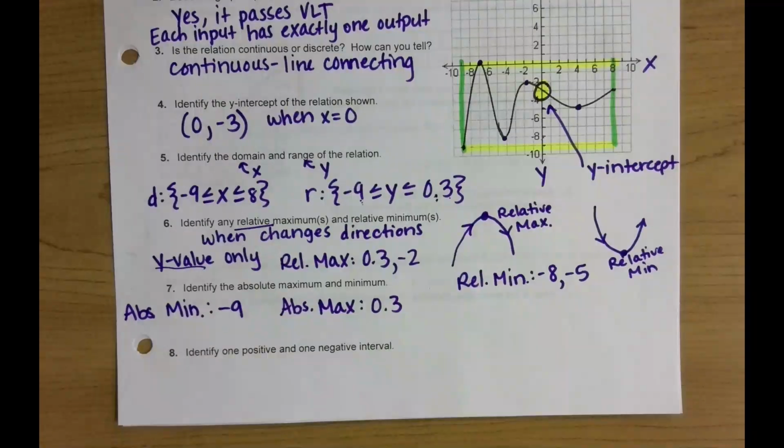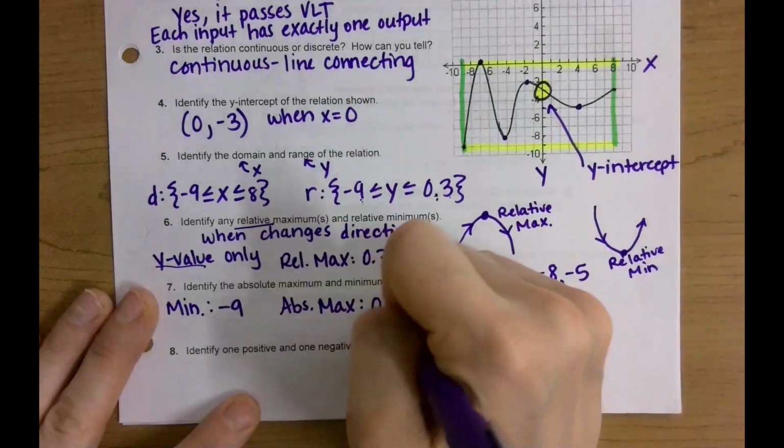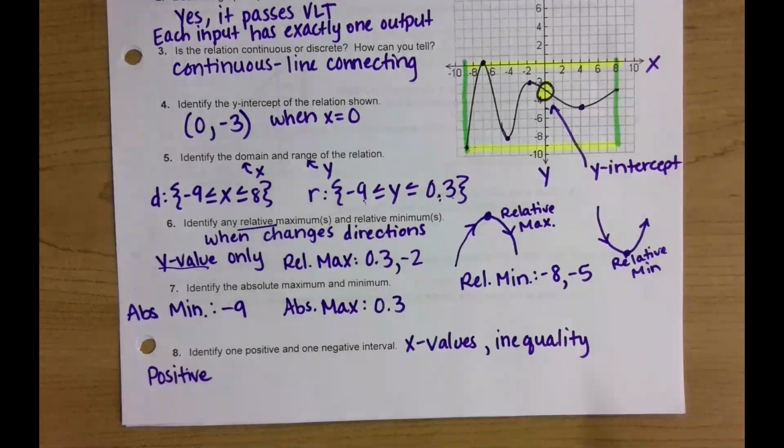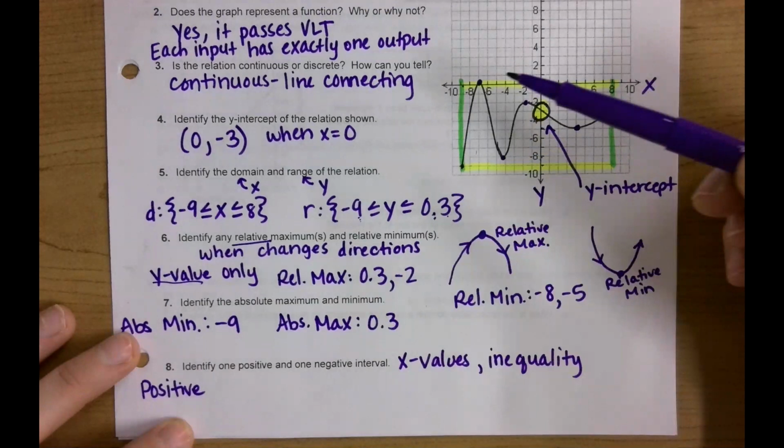All right, and then number 8, identify one positive and negative interval, using domain and range for your notation. So just look at the x values here. For positive intervals, let's look at where it's increasing. So the graph starts increasing.